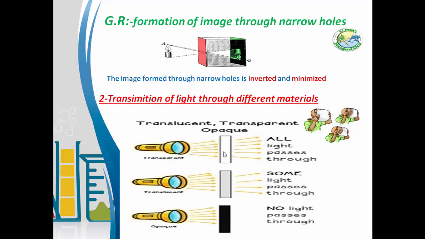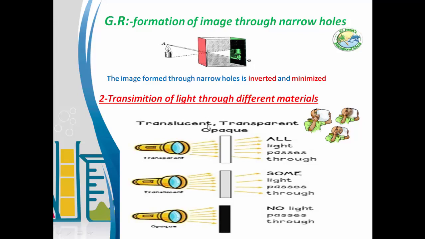So transparent materials allow most light to pass, and objects can be seen clearly in full details through them. Examples: clear glass, glass cup, air, and clear water.